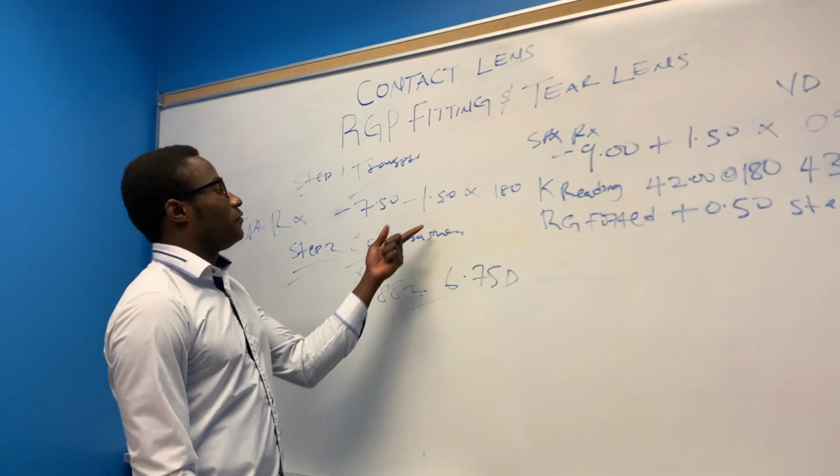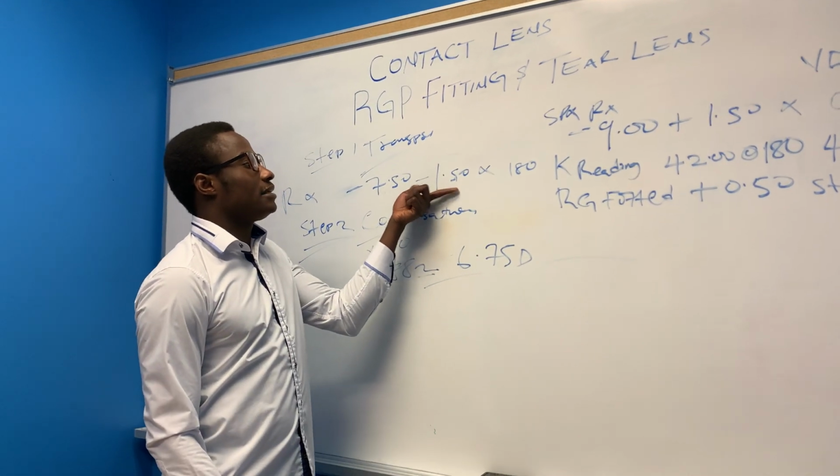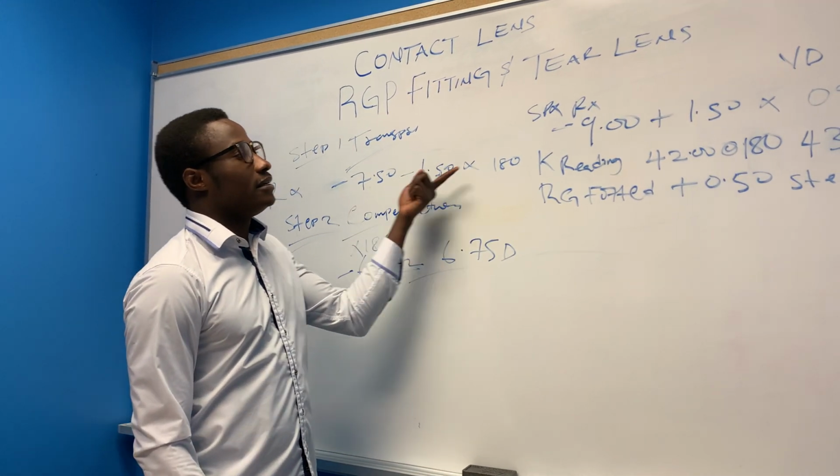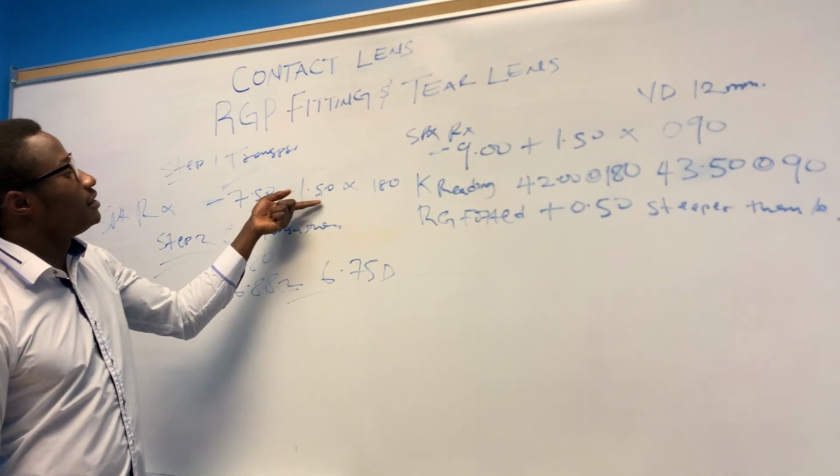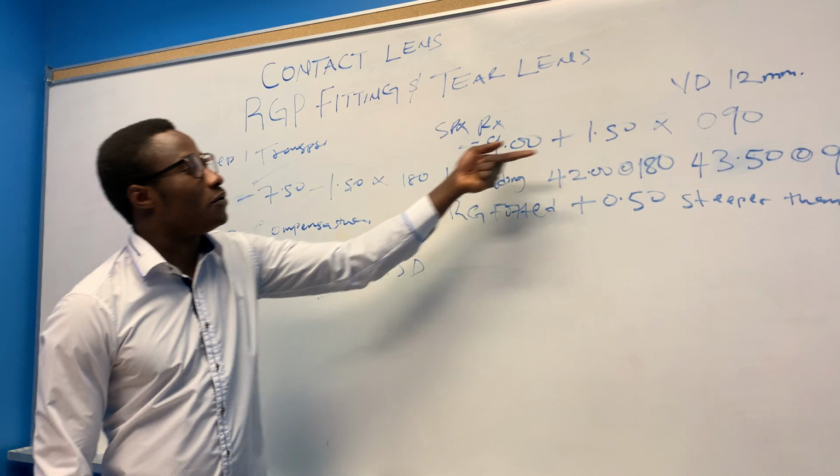Now I want to find out what will be my new cylinder on the corneal plane. Remember, this was the sphere in the spectacle Rx, and this is our combined power along the other meridian.